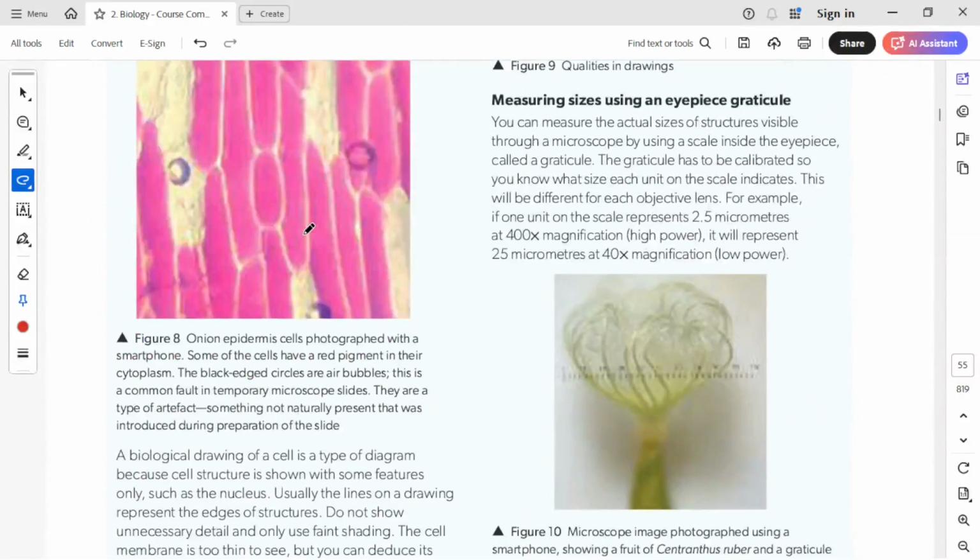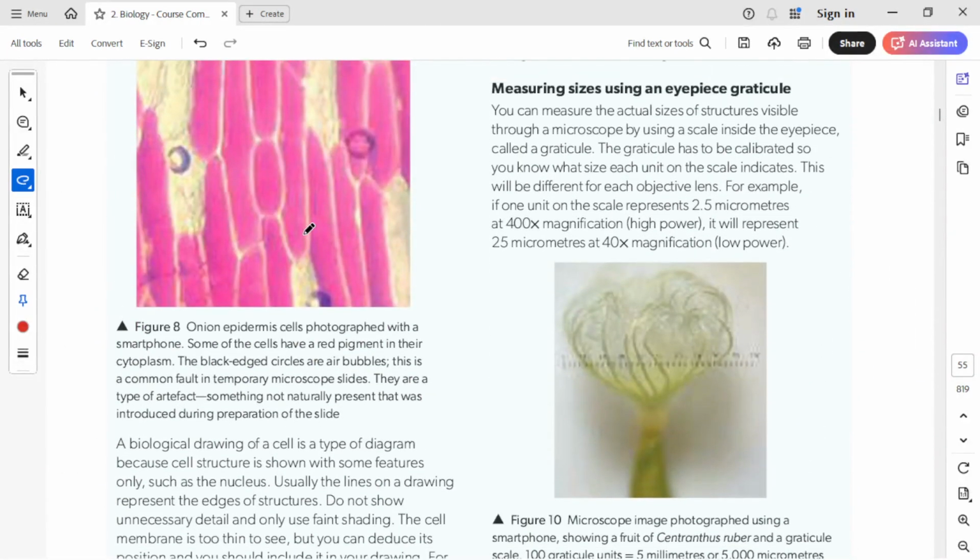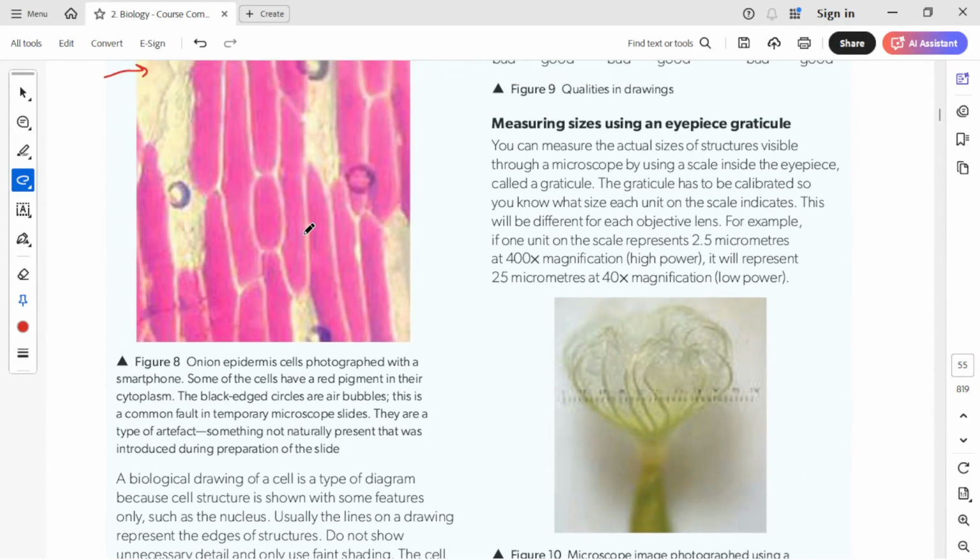Certain more things that they are telling about the microscope picture taking. So, measuring size using an eyepiece graticule. What is the graticule basically? Whenever you see through the eyepiece, you can have an option of this graticule. You can switch that on. In the advanced cameras, you will see that. Here in the graticule, there will be the sizes.